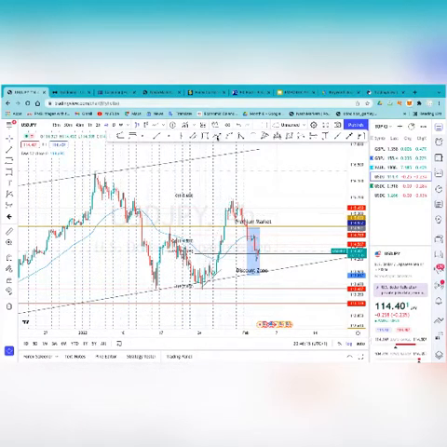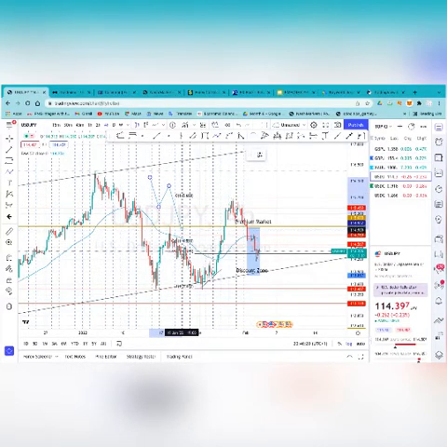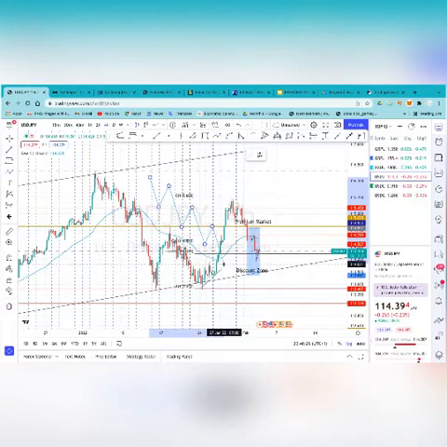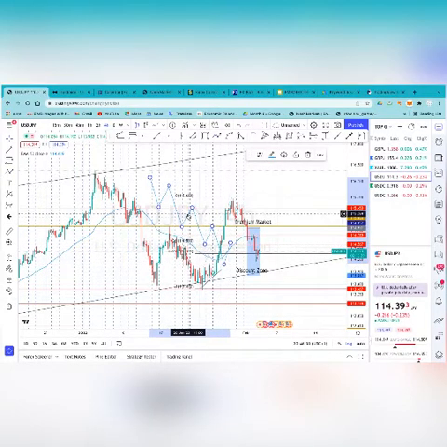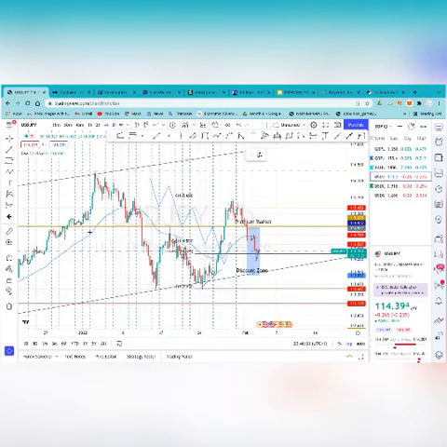Now, if the market is in a downtrend, you can say the market is creating an impulse, correction, impulse, correction, impulse, correction. This is for a downtrend, and the reverse is for an uptrend.